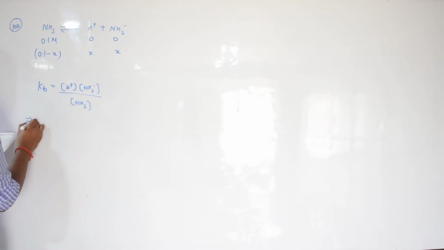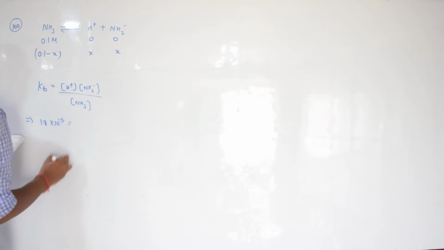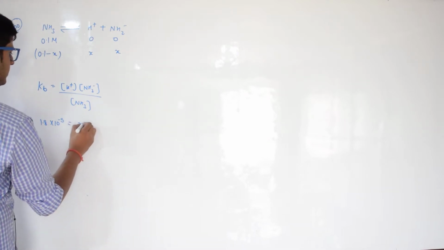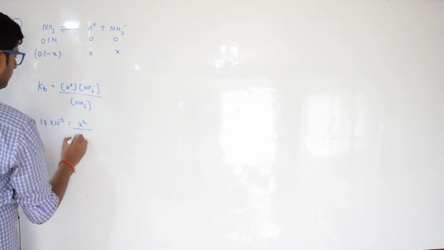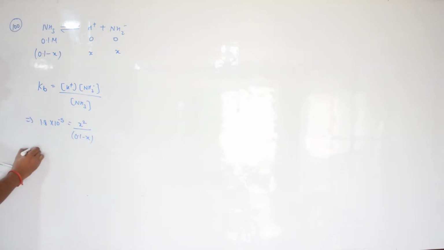The value of Kb is given as 1.8 into 10 raised to the power minus 5, which is X square upon 0.1 minus X. This is a quadratic equation, and on solving we will get the value of X from here.